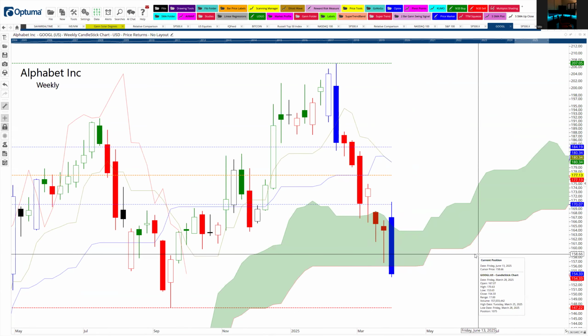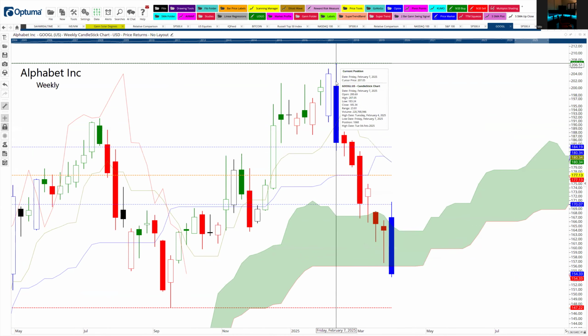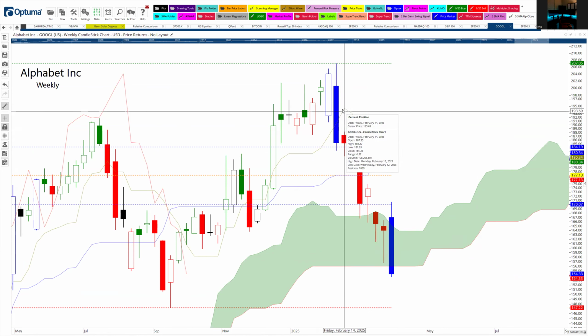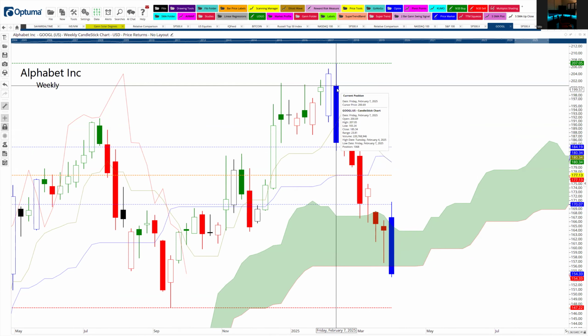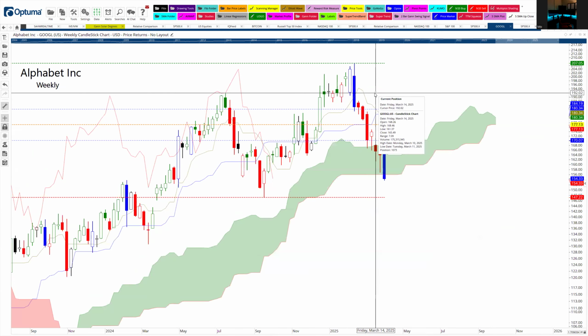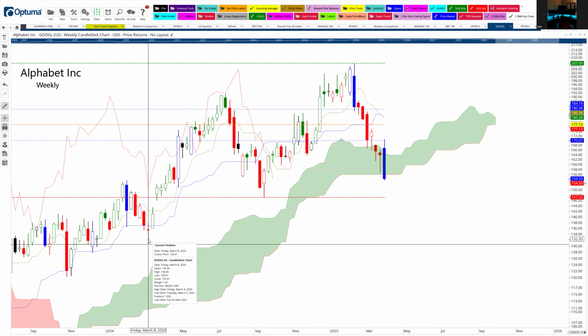7 straight weeks of lower lows. Basically it started here. You just have to pay attention to this blue bar. I've told you so many times, every time you see this right here, boom.